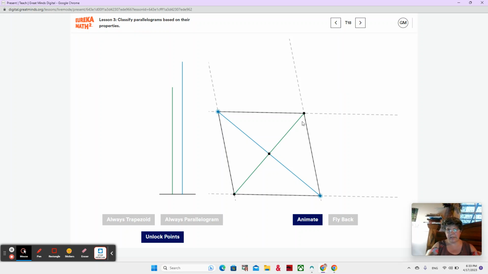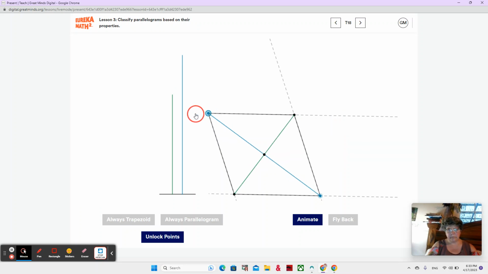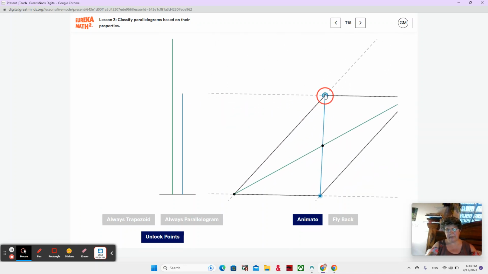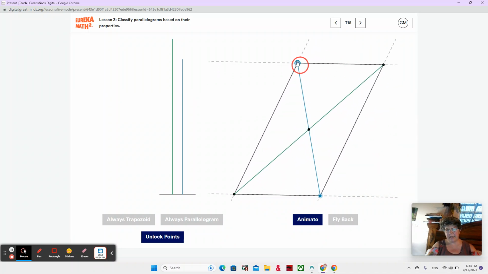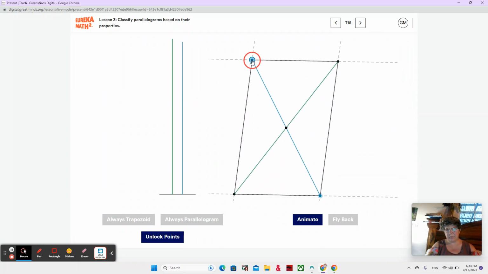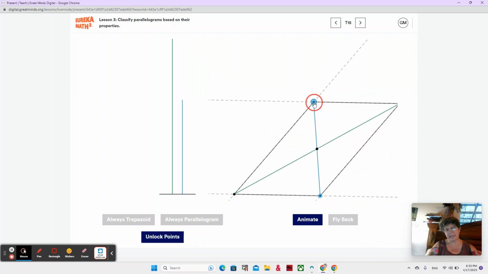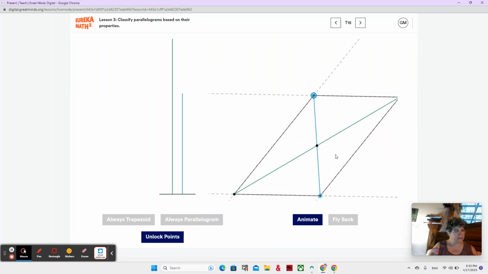Since this is set on always parallelogram, we can look at a couple different parallelograms and keep looking at those diagonals and see what you notice. One diagonal can be longer than the other, depending on how, see, like that. So they're not always the same size, right?